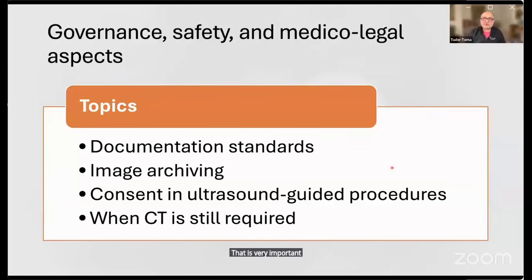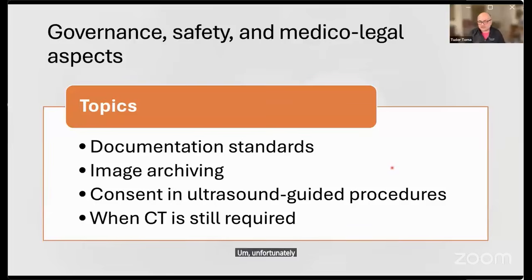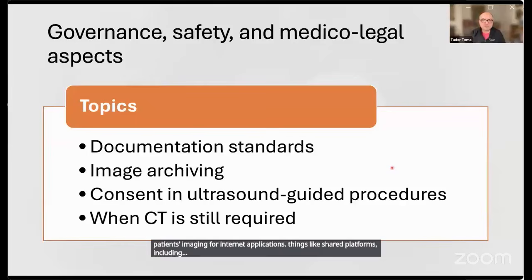Then the other thing which is important is what is happening with the imaging. Unfortunately, in the UK, there is a very strict embargo on using patients' imaging for internet applications and things like shared platforms, including Facebook and so on.